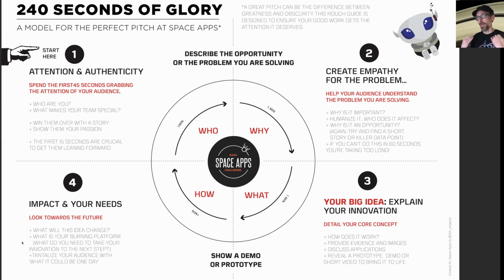So it's roughly divided into 1 minute each. And you'll see that the top part is all about the problem or the opportunity that your project is addressing. And the bottom part is about showing off what you did and pointing to the future.